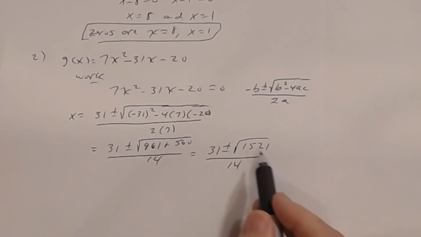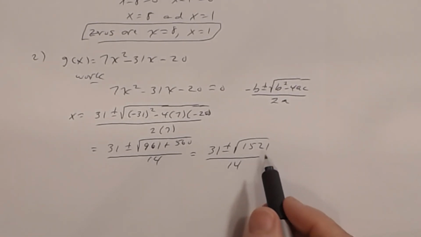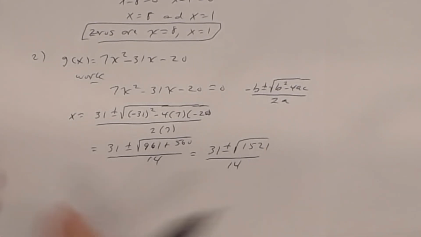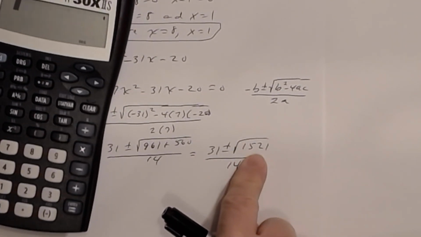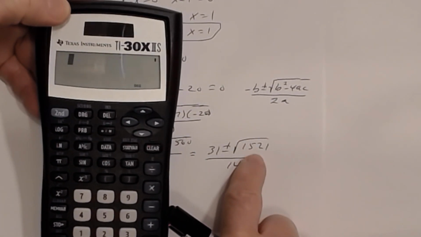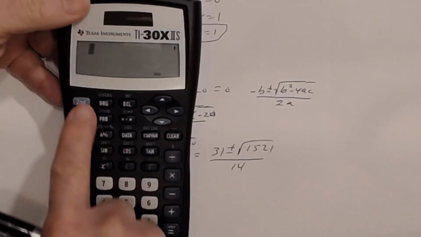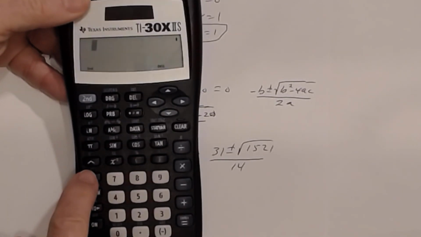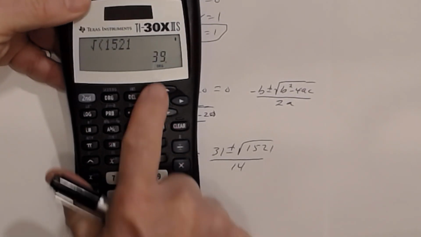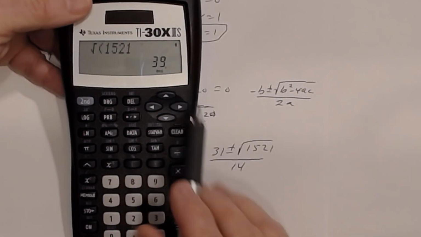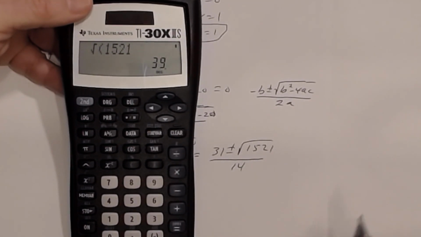That's a pretty big number, so let's first see if this is a perfect square. I'm going to take the square root of 1,521 and see if it is a perfect square. Yep, it's 39. So 39 times itself is 1,521.